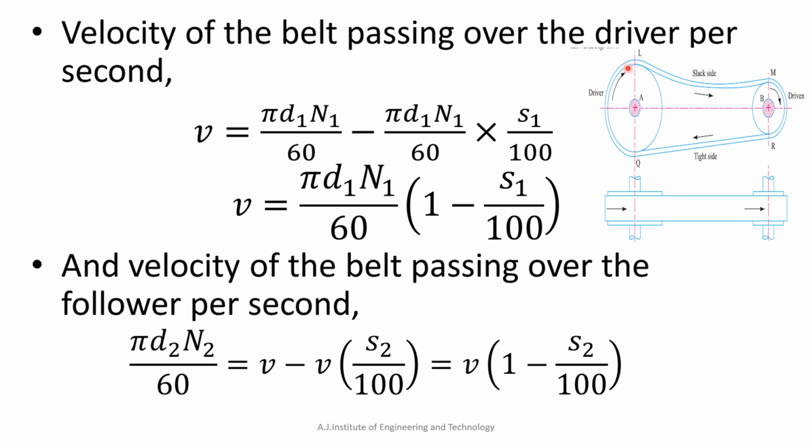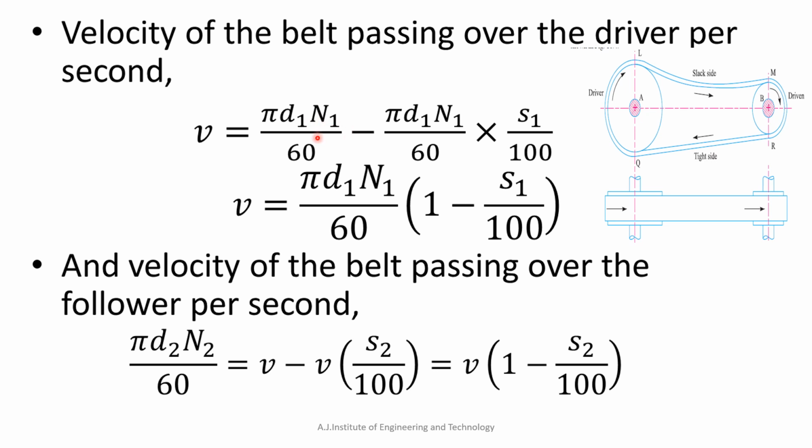Because of that slip, some power will be lost. How much? That is pi d1 n1 divided by 60 into S1 percentage. How can we write percentage? S1 divided by 100. This whole thing we should subtract from this velocity.